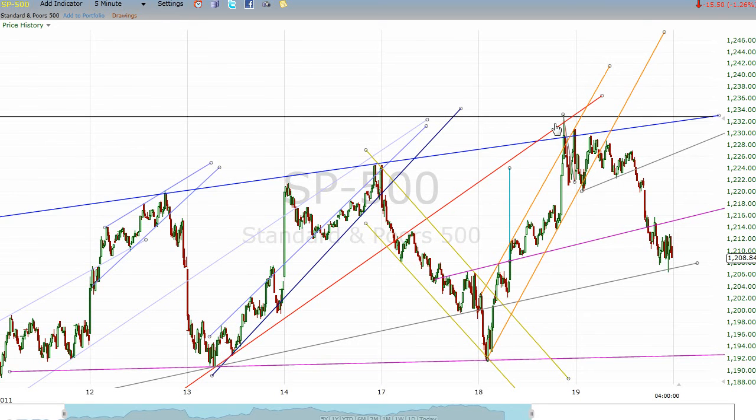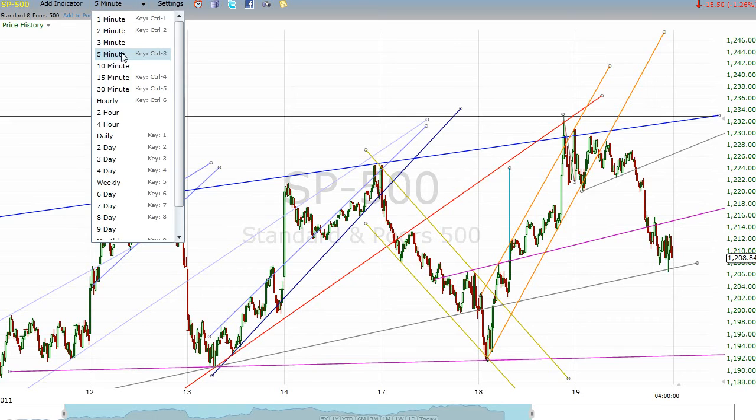Some were thinking maybe this was a bull flag, but the problem is that we'd already back tested that broken support line, and I think it was not realistic to expect this bull flag to produce more upward momentum.